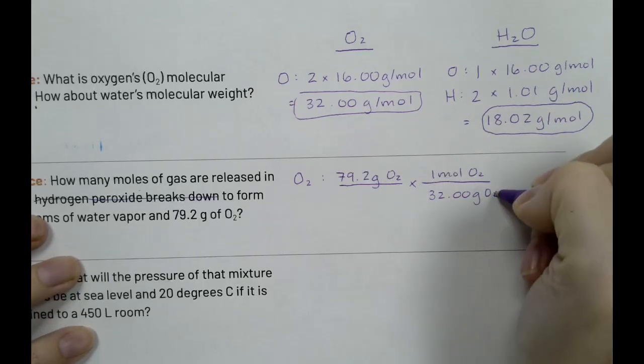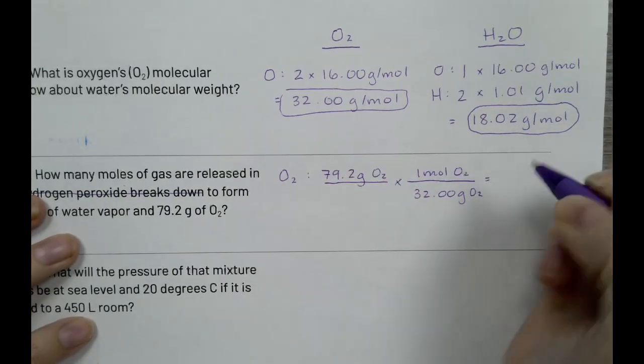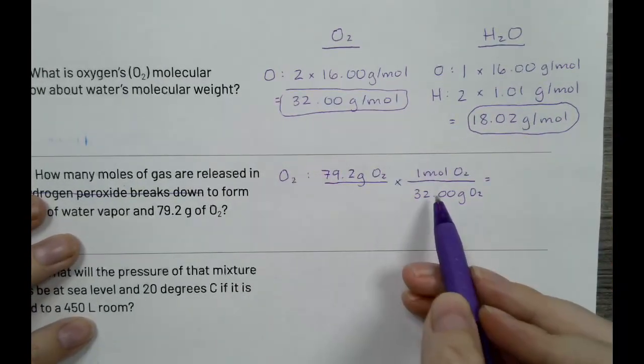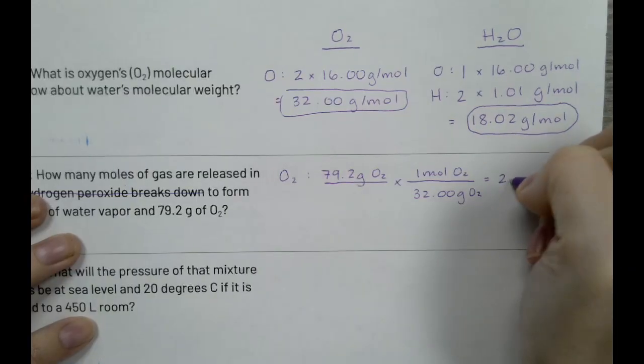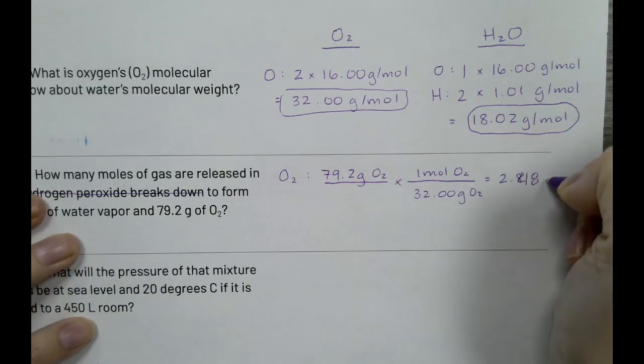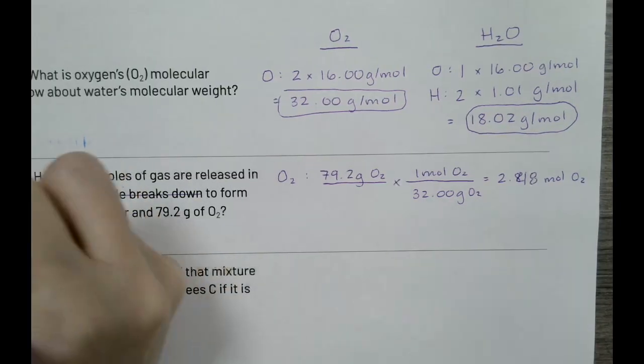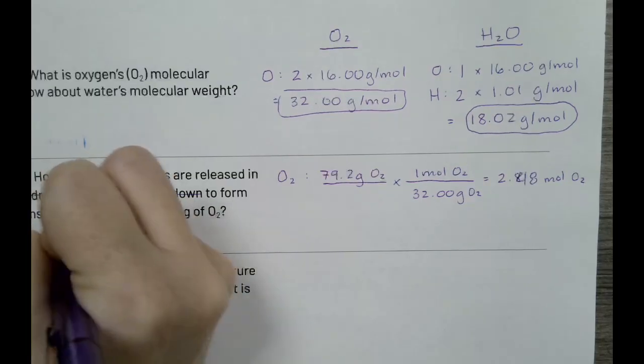This is a unit conversion like we've done previously. So 79.2 divided by 32 gives us 2.48 moles of O2. So it's going to be 2.48 moles of gas over here.